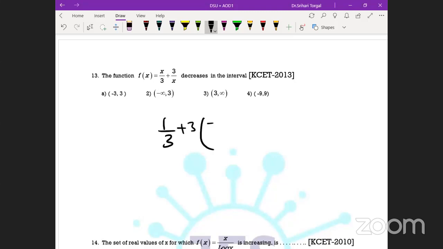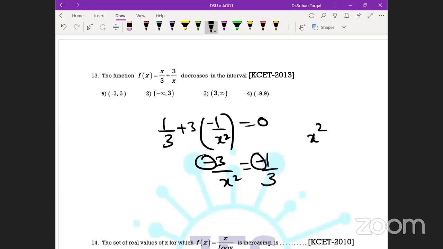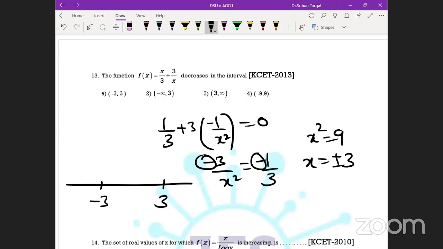What is 1 by x differentiation? Minus 1 by x square. If you equate it to 0, you will get minus 3 by x square is equal to minus 1 by 3. Minus minus cancelled. X square is equal to 9. X equal to plus or minus 3. Here, these are the critical points, minus 3 and plus 3.